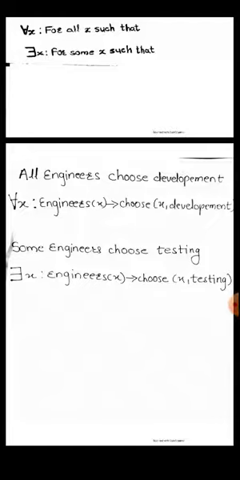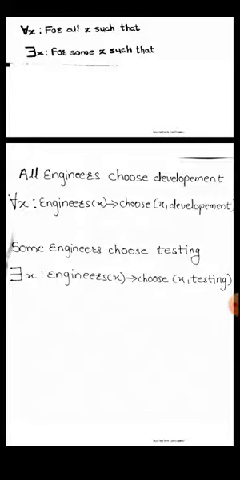Again the sequence matters in what we have written in the bracket, x comma development. We cannot write development comma x, because engineers choose development; development does not choose the engineers.